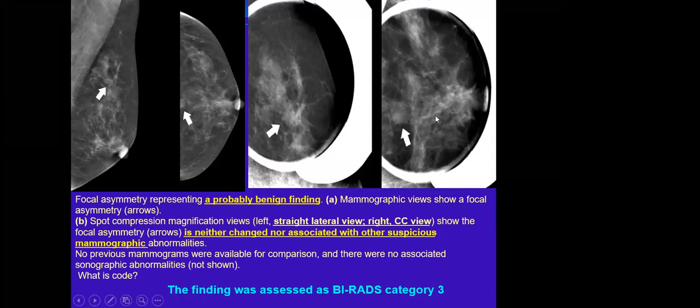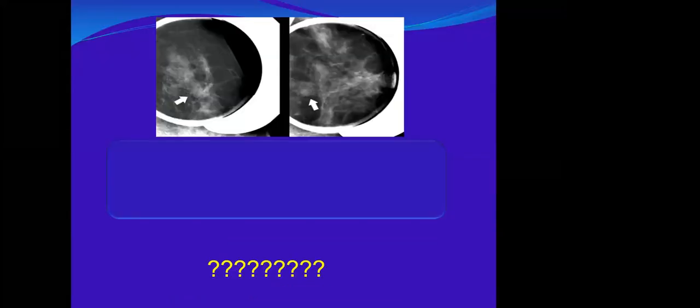Why do we do two different compression views, not only one? Why have we done two different projections for spot compression rather than a single projection in asymmetry?